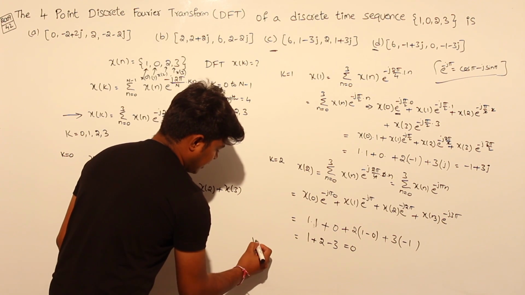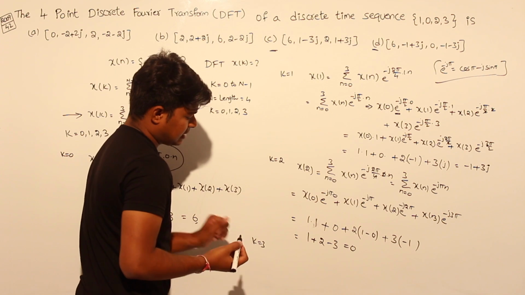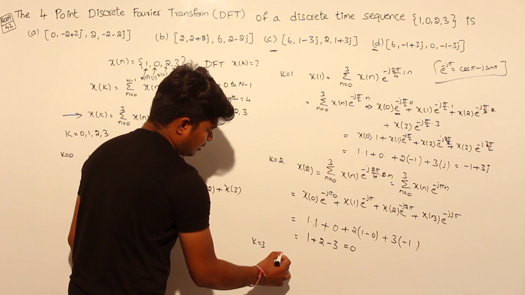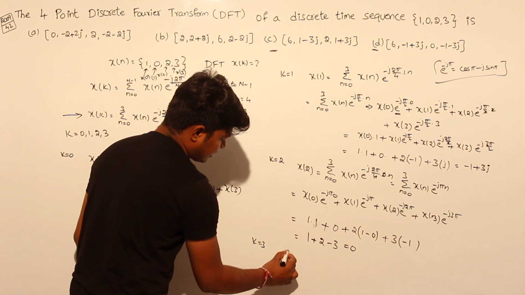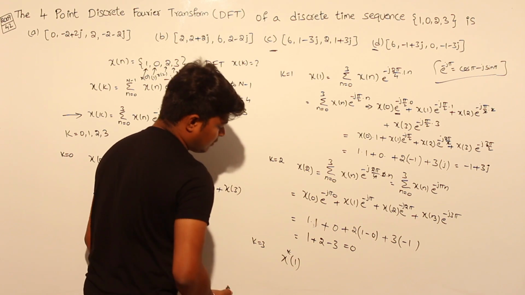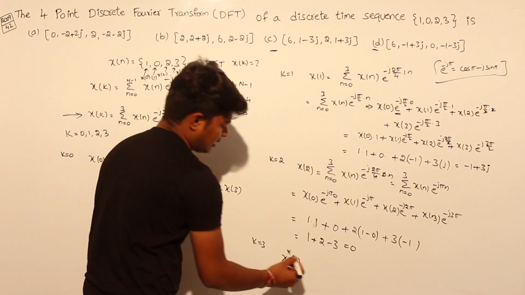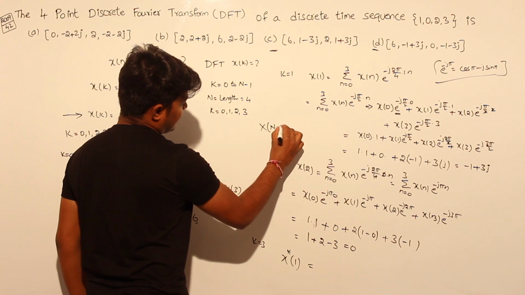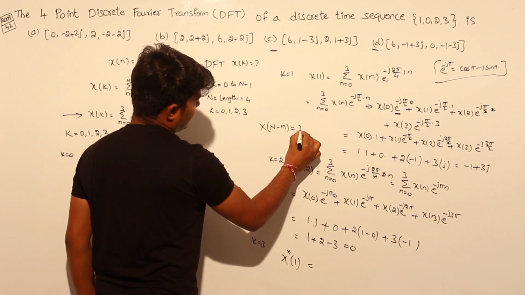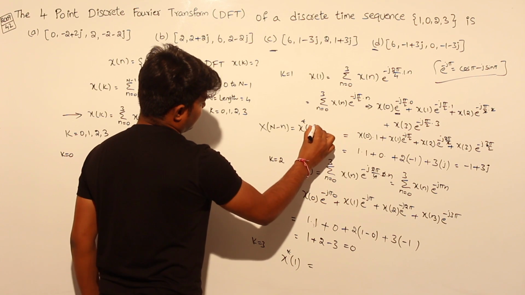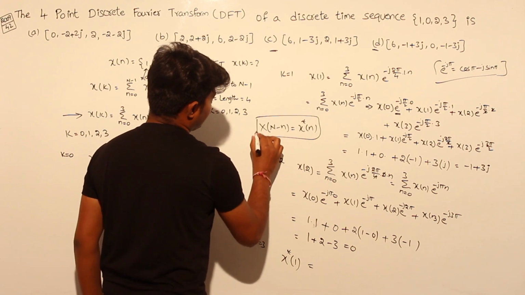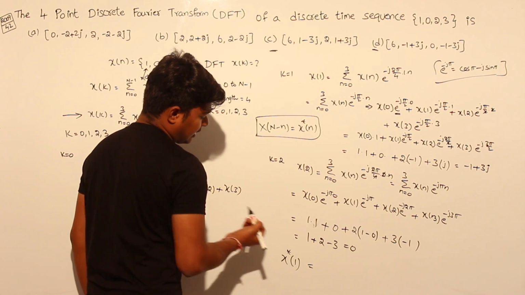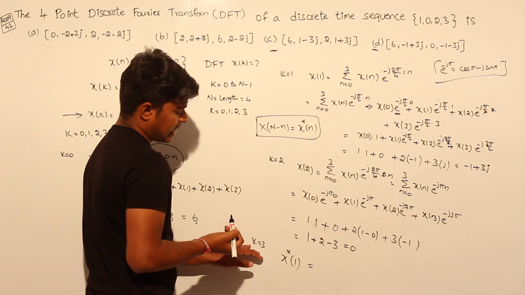Now for finding k equal to 3, if you conjugate x star of 1, that will be equal to x of 3. We have a formula like x of n minus n is equal to x star of n. This is the formula which you need to remember. Similarly, if we do x star of 1, that itself is the value for k equal to 3.